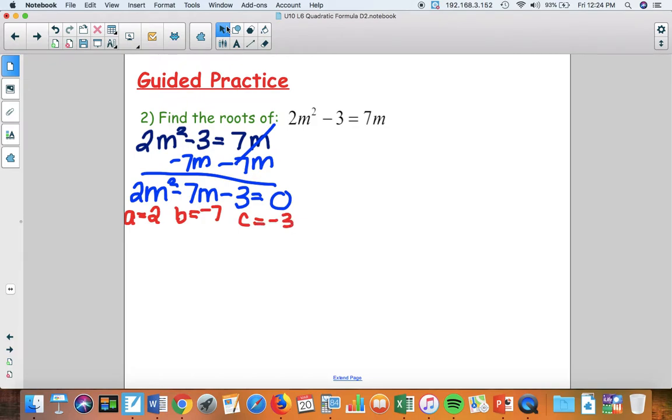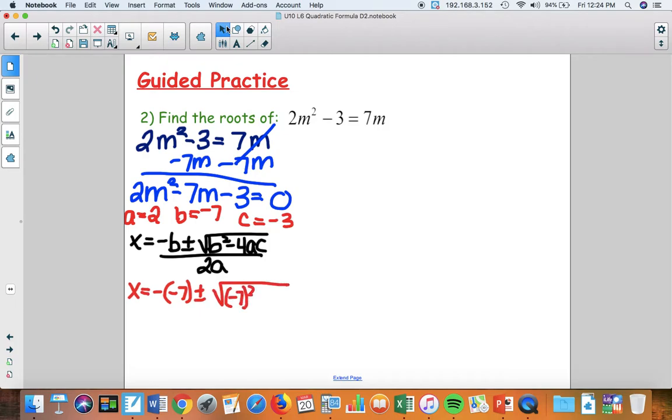So let's take these values and put them into the quadratic formula. Let's first write it. And now let's plug everything in. So x equals negative, b is a negative 7. Don't forget those two negative symbols.